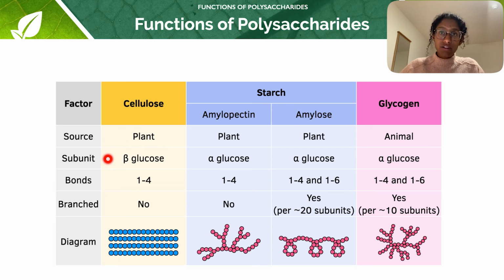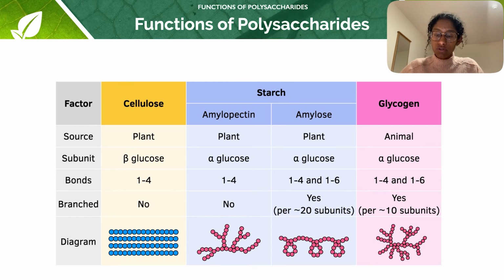Its monosaccharide unit is beta-glucose. And we know that it forms these straight chains. Therefore, remember, it has these 1,4 glycosidic bonds, which I explained earlier in the tutorial. And it's not branched because it just has these 1,4 glycosidic bonds between carbon 1 of one monosaccharide and carbon 4 of the next monosaccharide.